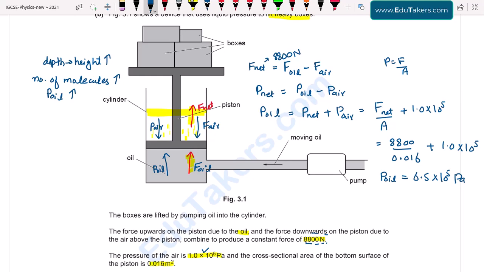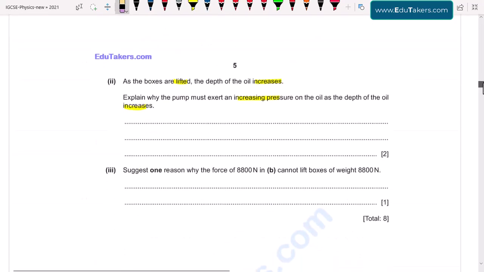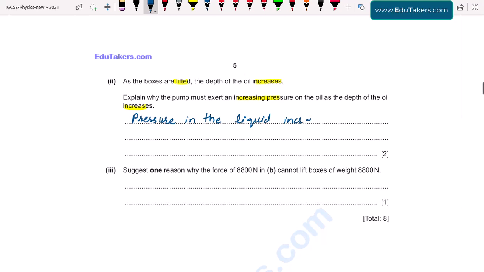And to oppose this increase in pressure of oil, this pump must exert an increasing pressure. So I write here, pressure in the liquid increases as depth increases.